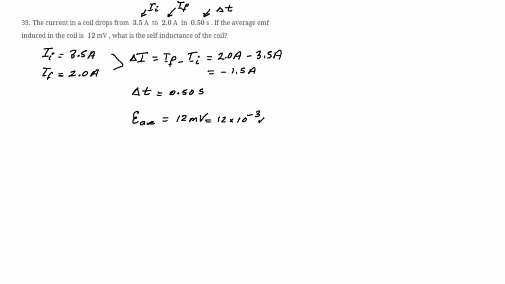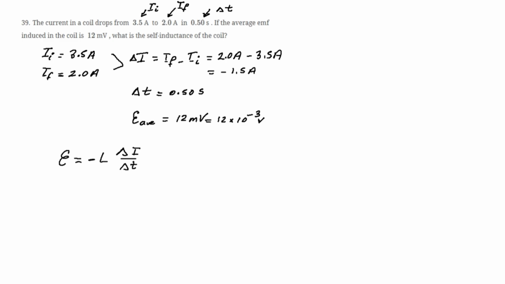Now, we know that the equation that relates the inductance, the electromotive force, the variation of current and the variation of time is that the electromotive force is equal to minus the inductance times delta I over delta T. What I have to do is solve for this inductance.